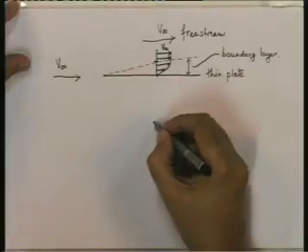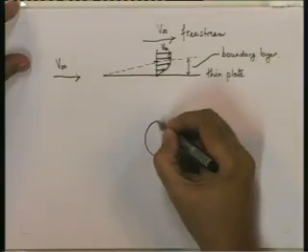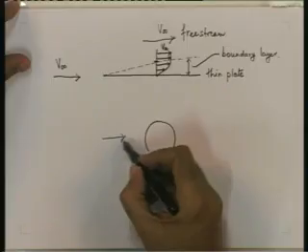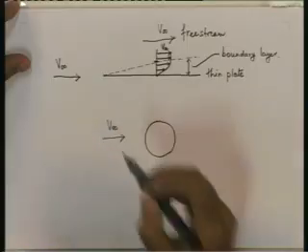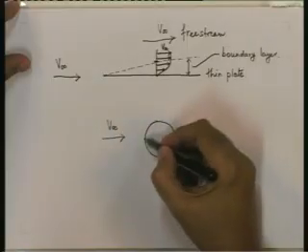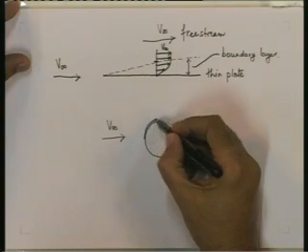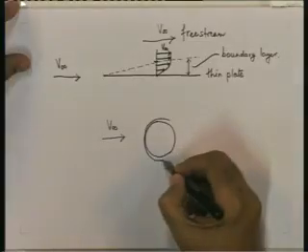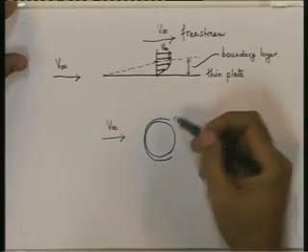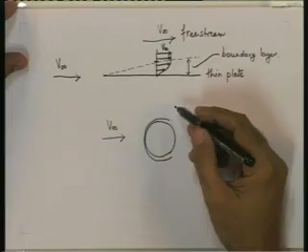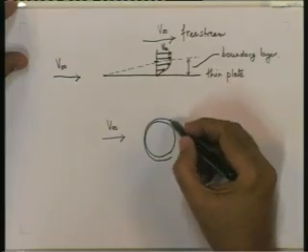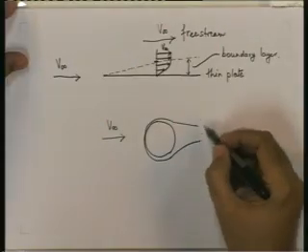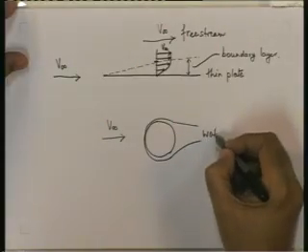Boundary layer may occur even on bodies such as a cylinder which is exposed to a fluid. Here a thin boundary layer will develop and will grow around the cylinder. Part of the boundary layer may be laminar, part of the boundary layer may be turbulent, and the boundary layer may even separate into what is known as a wake.